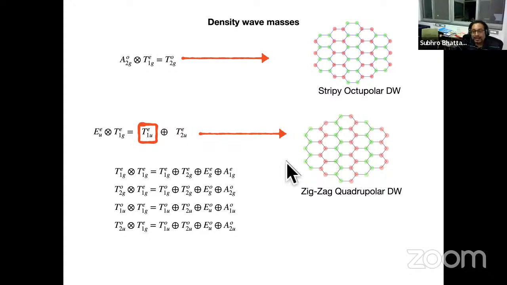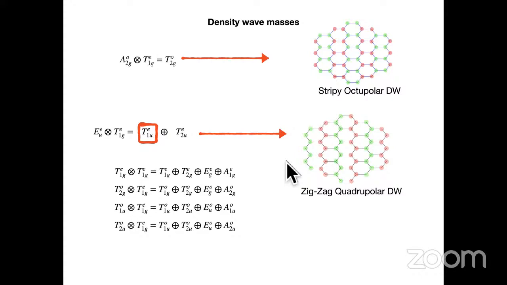The question is whether the dimerization in the compound is driven by electronic correlations, as this calculation suggests, or is it because of the structural physics and has nothing to do with electronic physics? So that's the question.